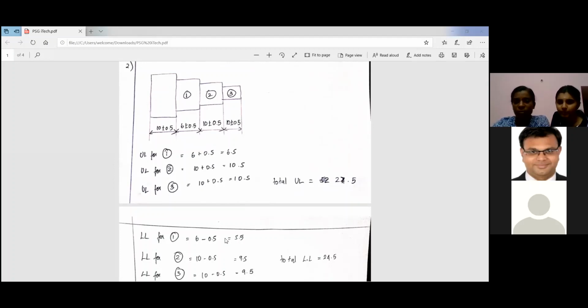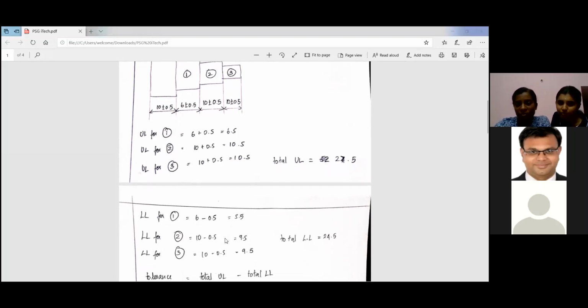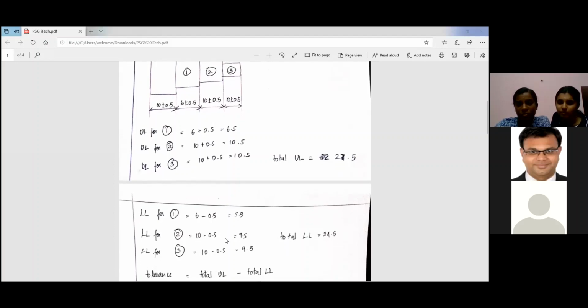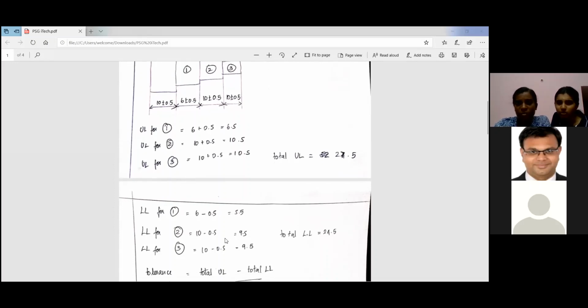Plus, I told you, you need to add the tolerance: 0.5 plus 0.5 plus 0.5. How much? 1.5. So 26 plus or minus 1.5.